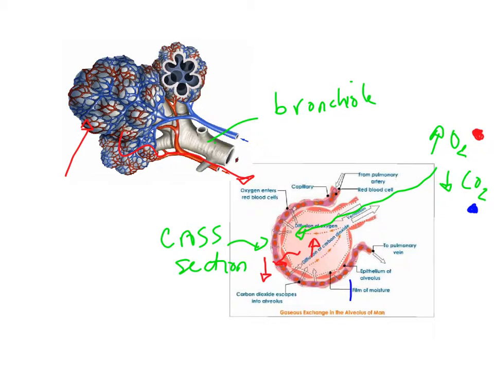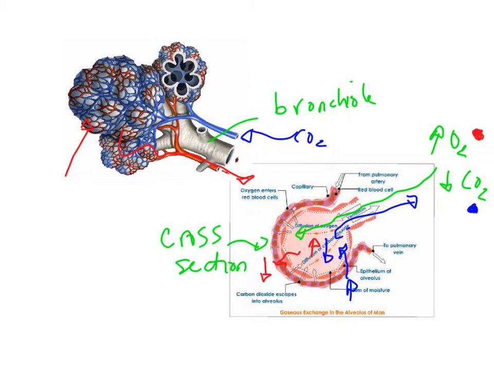Carbon dioxide is high in the blood, so a lot of CO2 comes in to these alveoli. It's relatively low in the atmospheric air, and so it diffuses from the blood out into the atmospheric air in the alveoli, and then carbon dioxide is going to get pushed out from the lungs with exhalation.